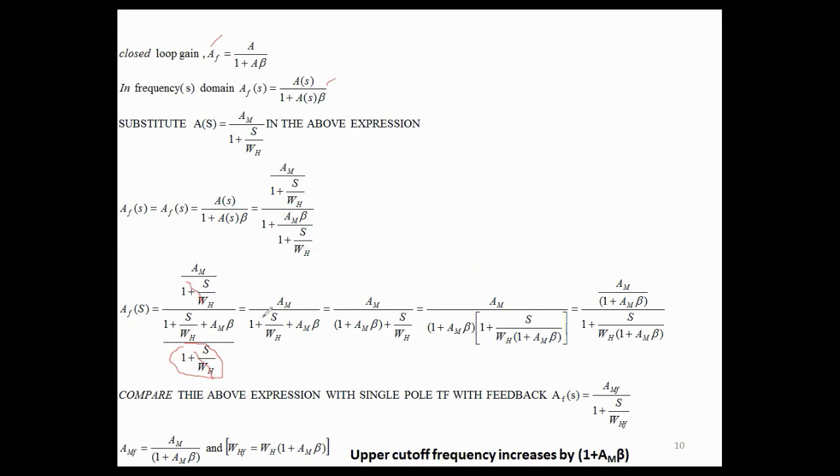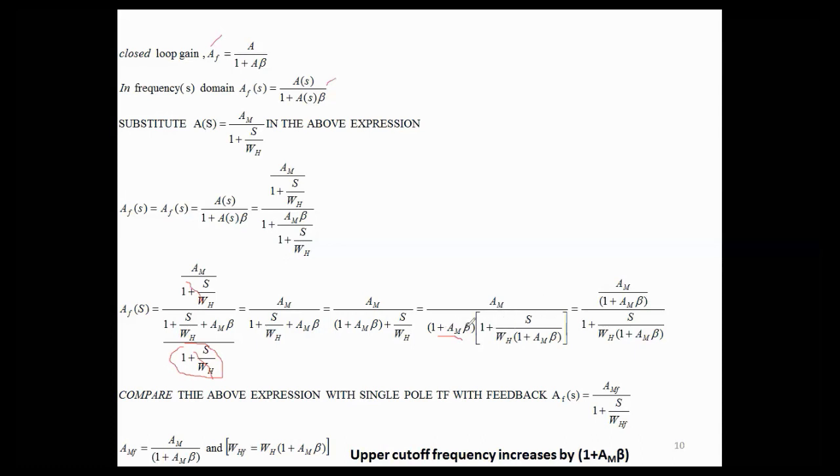AM divided by 1 plus S over omega H plus AM beta, that is AM divided by 1 plus AM beta plus S over omega H. I'll take 1 plus AM beta as common in the denominator.